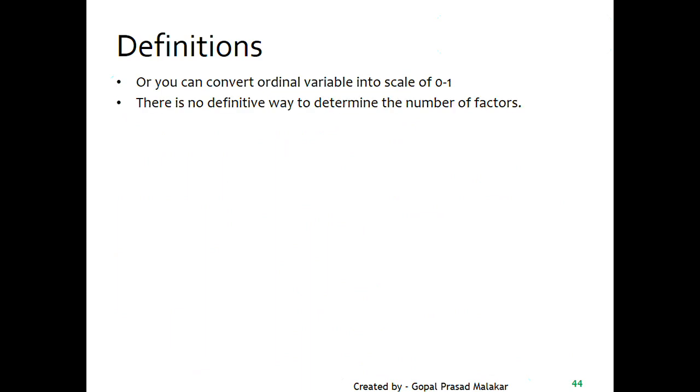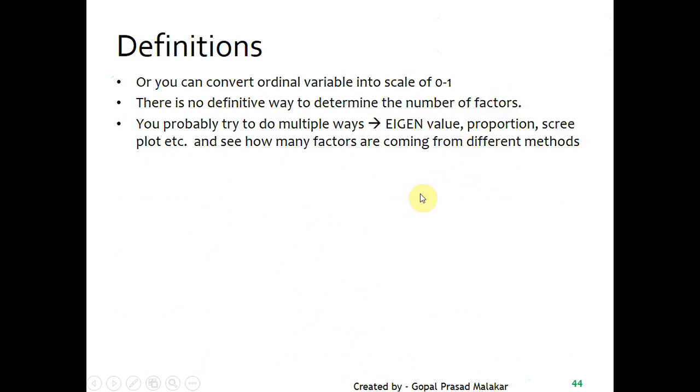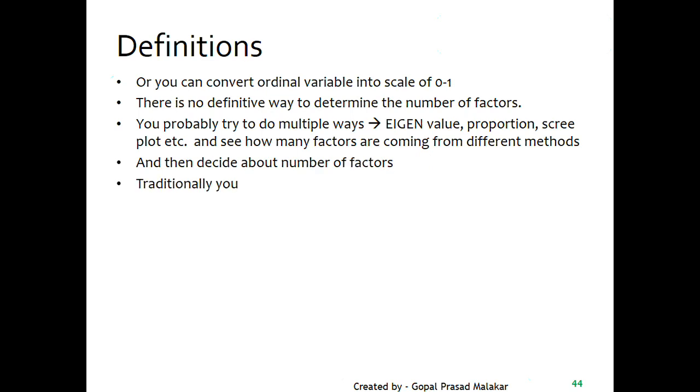One thing you need to understand in both PCA and factor analysis is that there is no way to determine the number of factors directly. You end up looking at eigenvalue, proportion value, scree plot, etc., and then you decide how many factors are coming. Once you have got the factors, traditionally you examine the variables that load heavily on each factor.